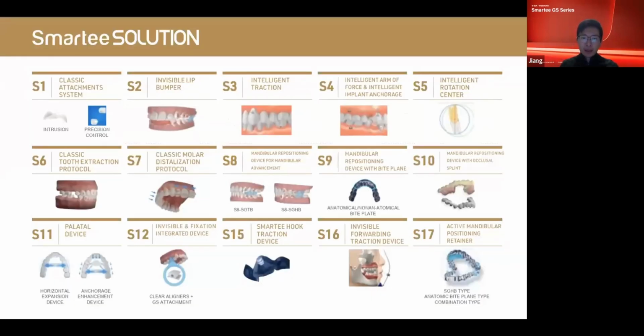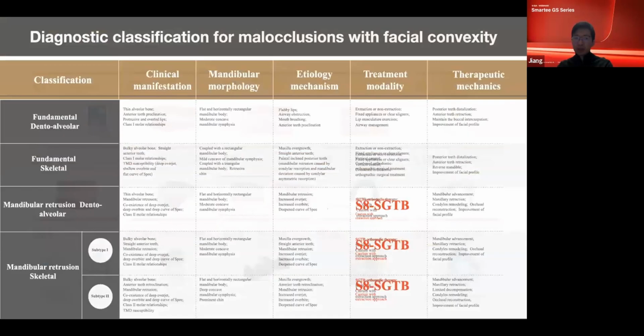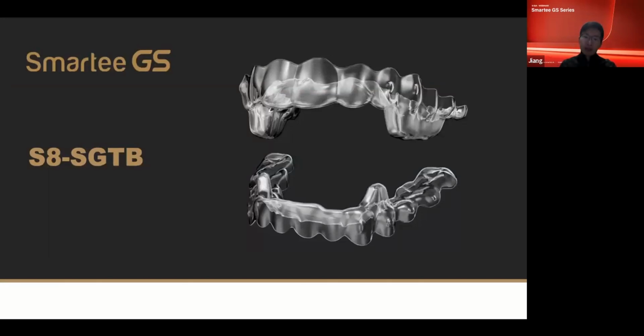Before that, this is a summary of all the different aligners of the Smartee solution from S1 to S17, including the mandibular repositioning device, the invisible forward traction device and the palatal device. Among them, the most important one is S8, which is the mandibular repositioning device, or we call it mandibular advancement. This is a picture of S8 SGTB. Actually, it is an improvement of the twin block, and it is a combination of clear aligners and the twin block.